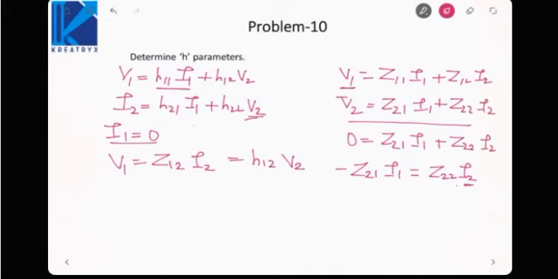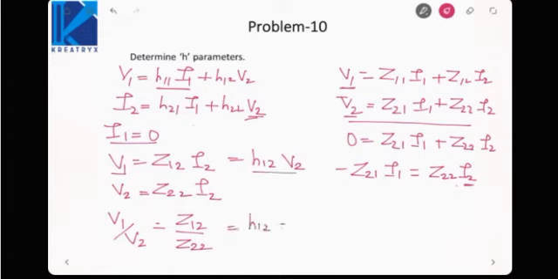And from this equation, V2 will be Z22 I2. Now if you take V1 by V2, it is equal to Z12 by Z22. And from this equation, V1 is equal to H12 V2, so V1 by V2 is H12. So Z12 by Z22 is 4.5 by 1.5, that is 3. So that is how we will get H12.